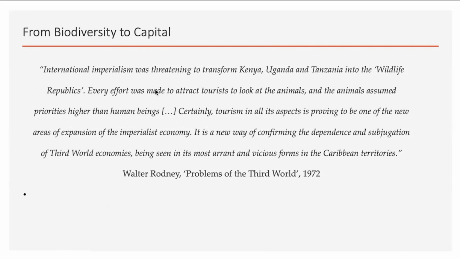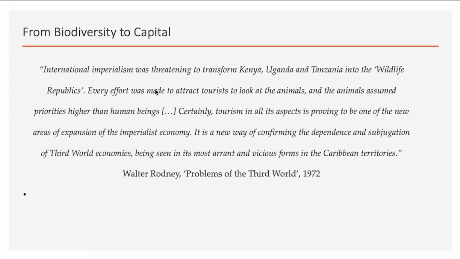Every effort was made to attract tourists to look at the animals, and the animals assumed priority higher than human beings. Certainly tourism in all of its aspects is proving to be one of the new areas of expansion of the imperialist economy. It is a new way of confirming the dependence and subjugation of third world economies, being seen in its most errant and vicious forms in the Caribbean territories."